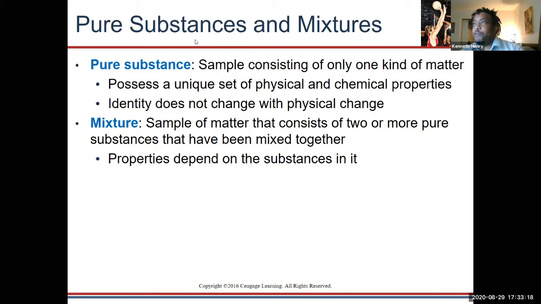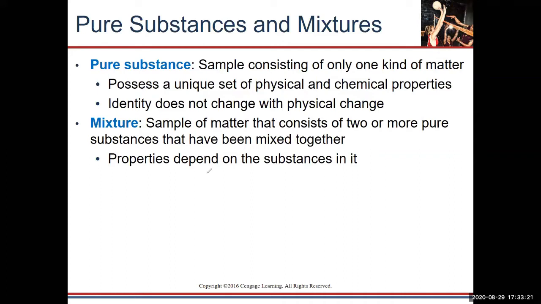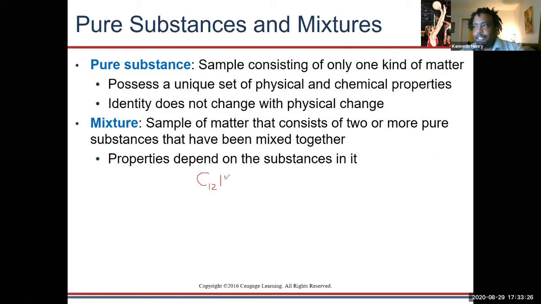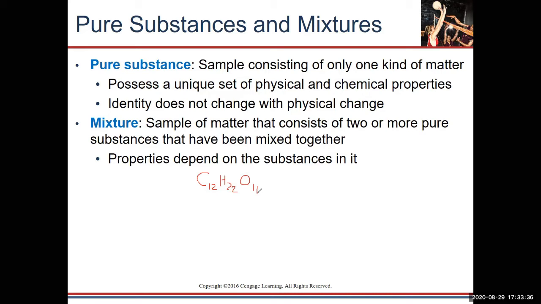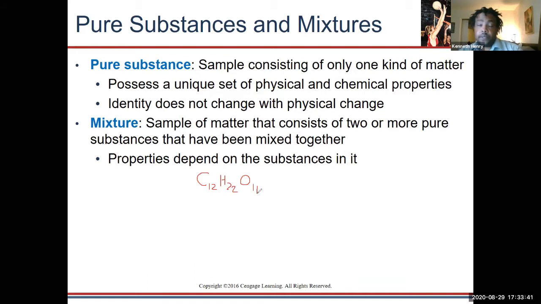Again, the chemical formula is C12H22O11. So that's pure sugar, okay? So a pure substance can be made up of multiple atoms, right? It has 3 kinds of atoms that it's made up of, but it's a pure substance. It's a pure compound, okay?